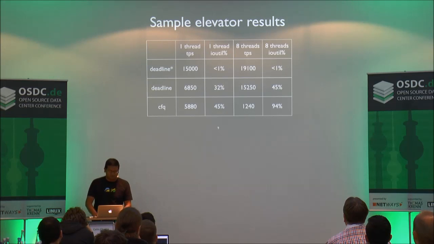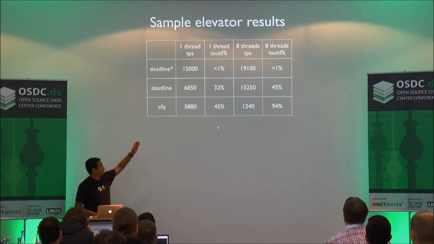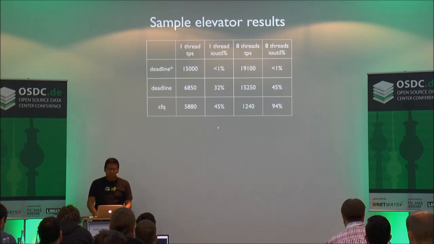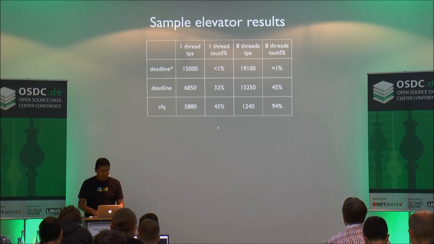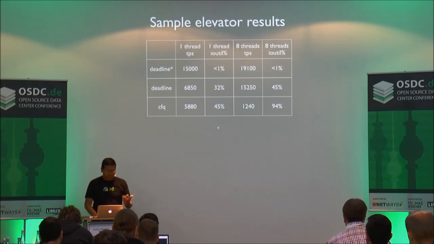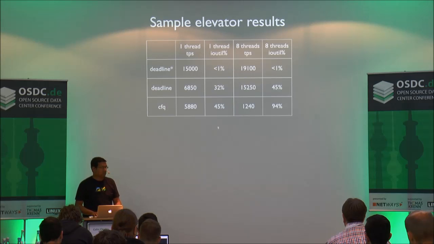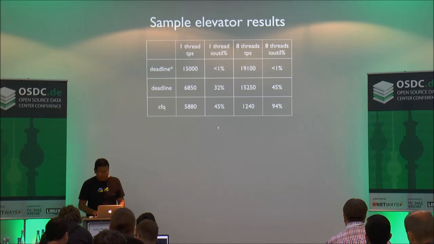But you will actually notice that there's a huge difference between the first and the third. So deadline for all intents and purposes is exactly what you're after today. And this was done with 8 disks, 16 gigs of RAM, and 8 cores, so fairly oldish machine.